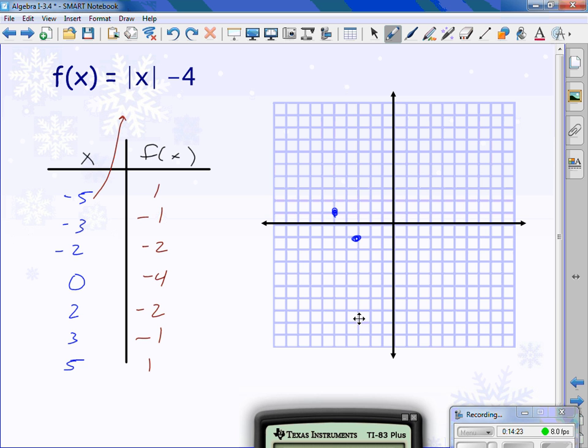Negative 2, negative 2, to the left 2, down 2. 0, negative 4. 2, negative 2. 3, negative 1. And 5, 1. It looks like a V. And all of the absolute value graphs look like V's. Questions?